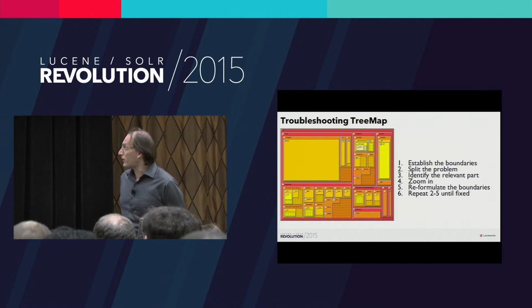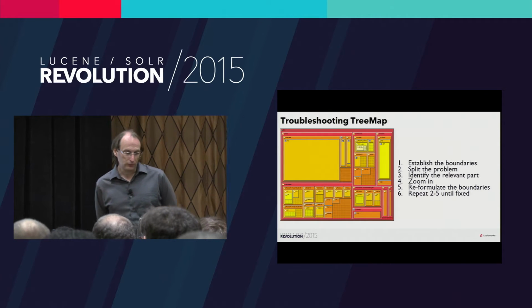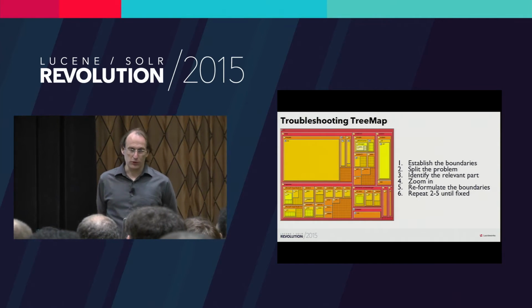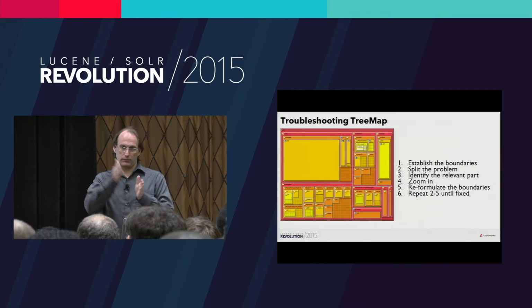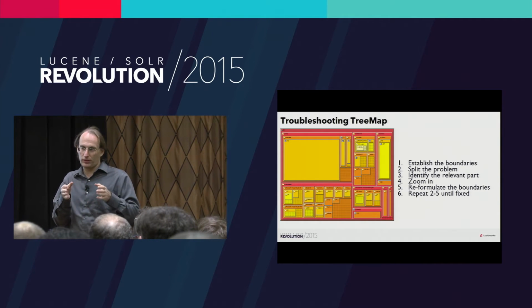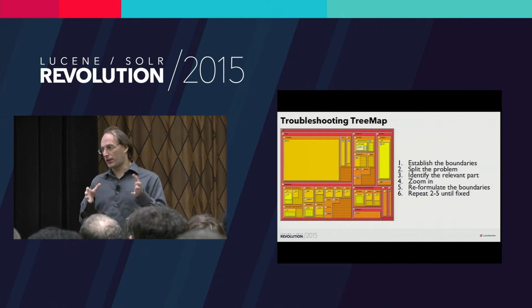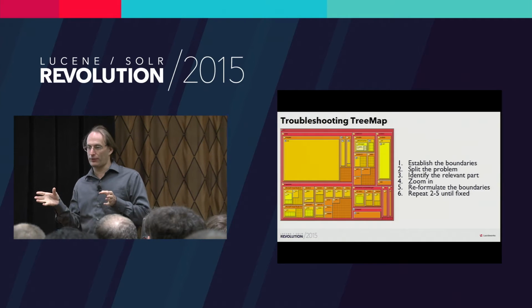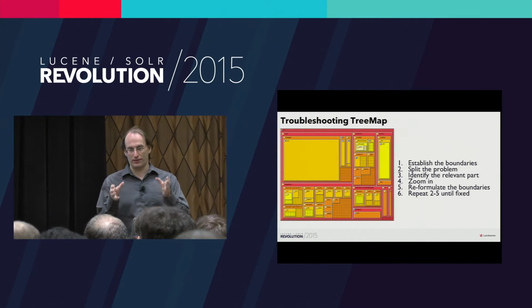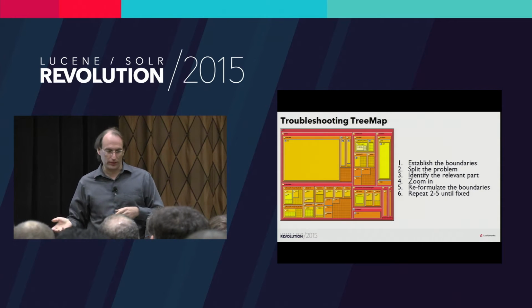What you do is you establish your boundaries, and your first set of boundaries will be very generic. Then you split the problem, hopefully right down the middle, though realistically that's not always possible. You split the problem in two, and you identify which of the two parts is actually relevant, right? Which is the one where your problem is, and which is the part where the problem is not.